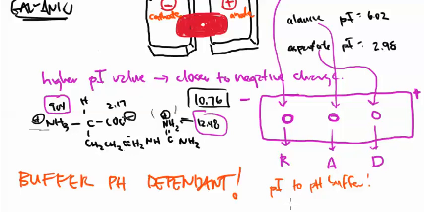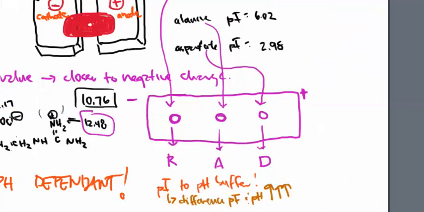So if I take the difference, let's say the difference between the pI and the pH is great. So a lot. The farther the amino acid's pI is from the pH of the buffer, that means it's more positive and it will go toward the cathode end.